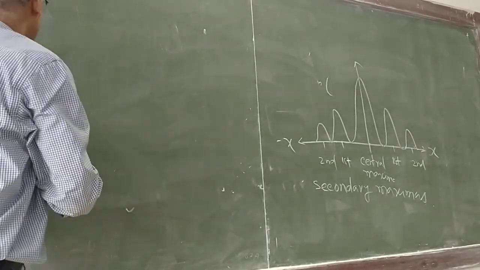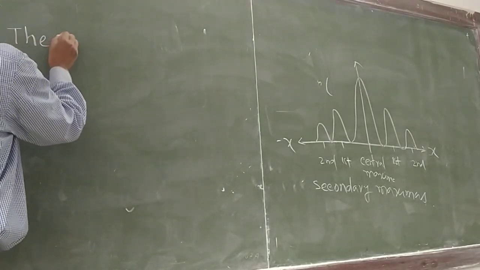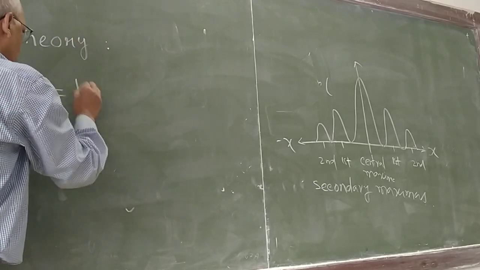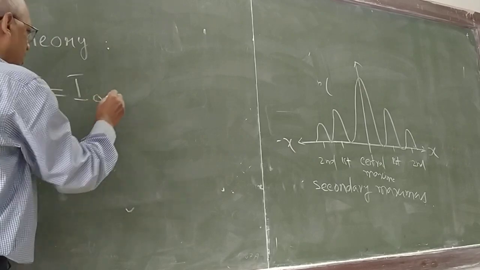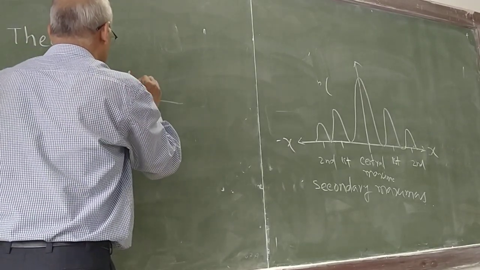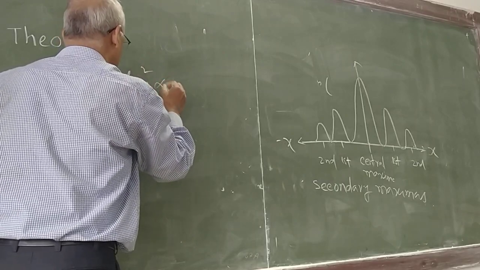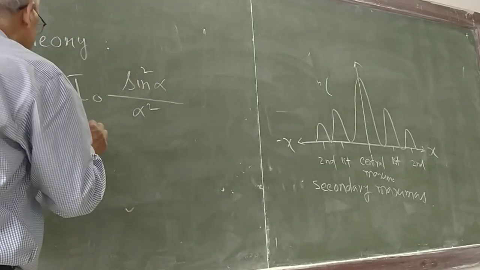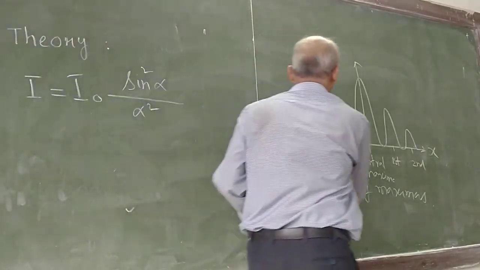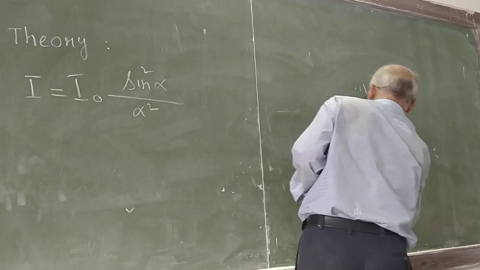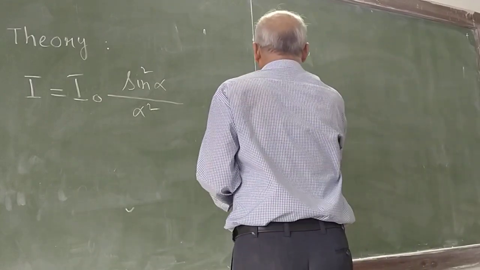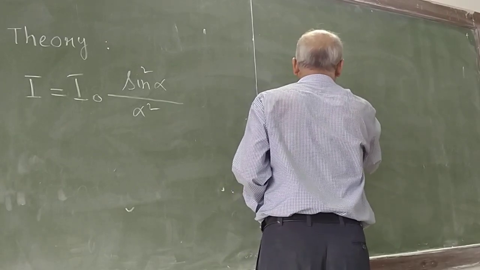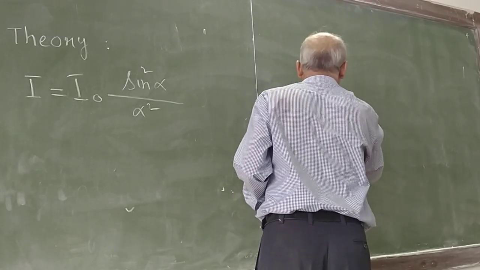Now what is the theory for this? What is the formula? This is the formula you have to remember. I is equal to I naught sin square alpha by alpha square. What is alpha? Alpha is equal to pi d sin theta by lambda.